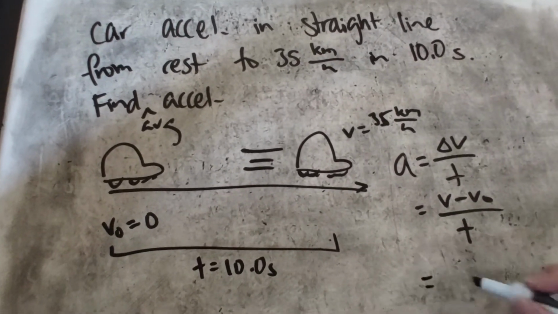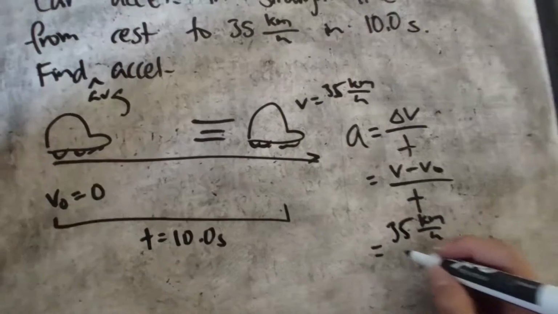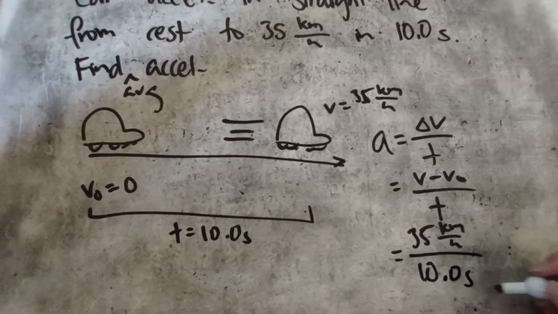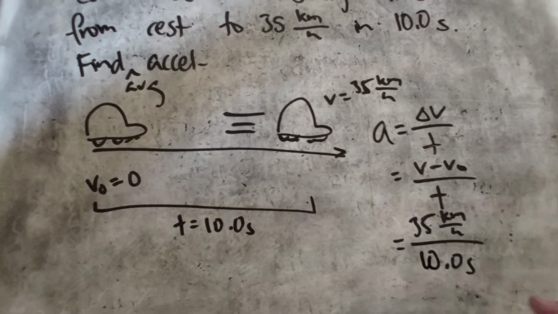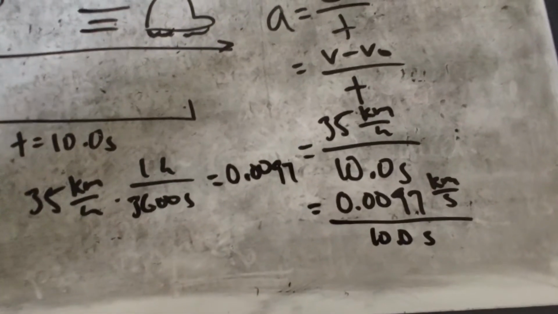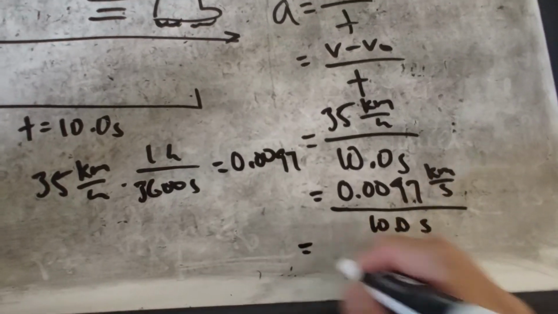So what we have here is we just plug in the values, 35 kilometers per hour, over 10 seconds. Now you see how we have two different time units here, so we're going to have to convert hours into seconds. Alright, so after we converted the hours into seconds, we plug it back into the equation, and we can simplify it.